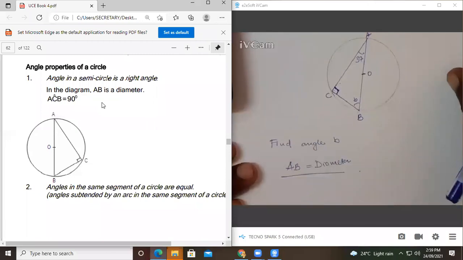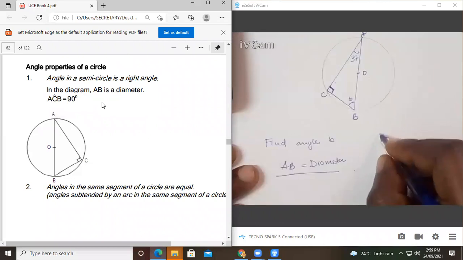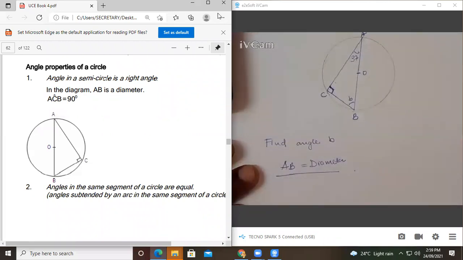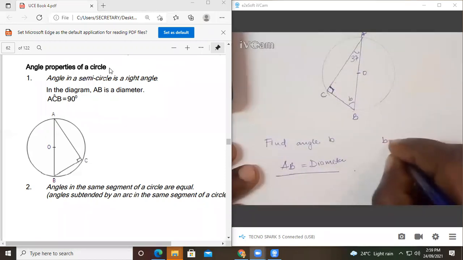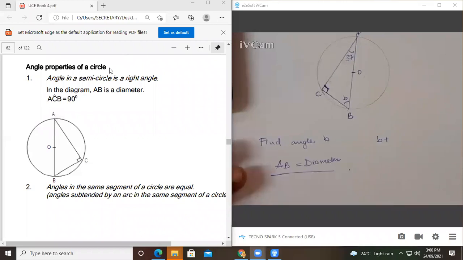So now can we proceed and find B now? What is the value of B? How shall we get B? So we shall say, B plus what? B plus A. Members, settle in, I'll put you in the waiting room if you cannot settle.